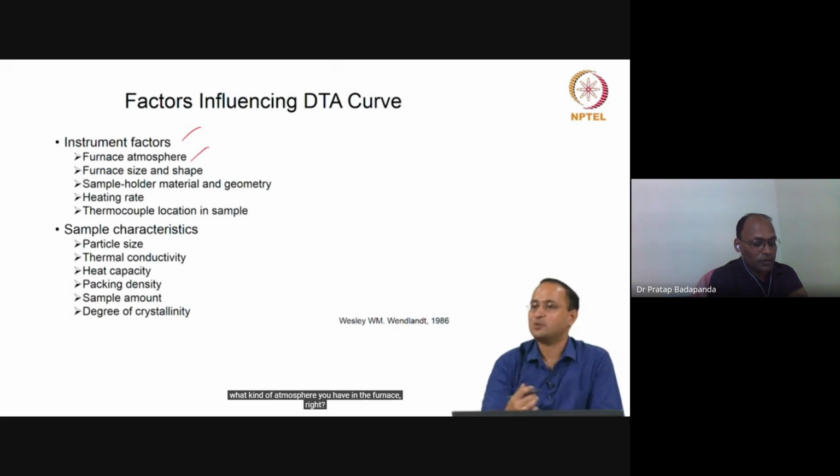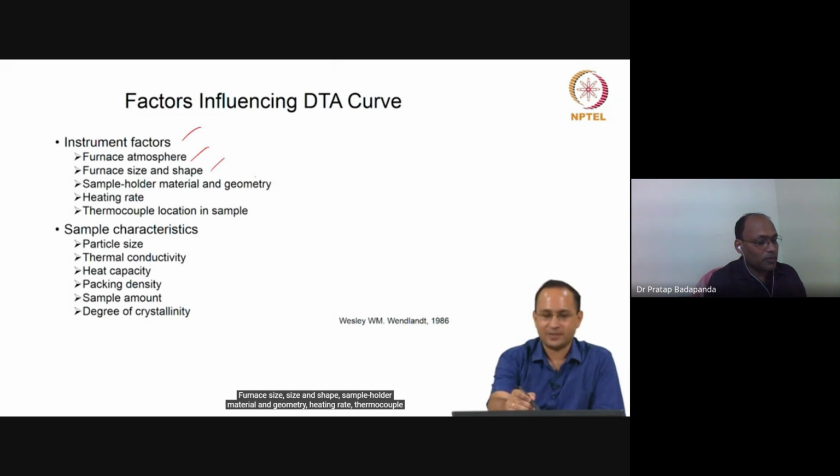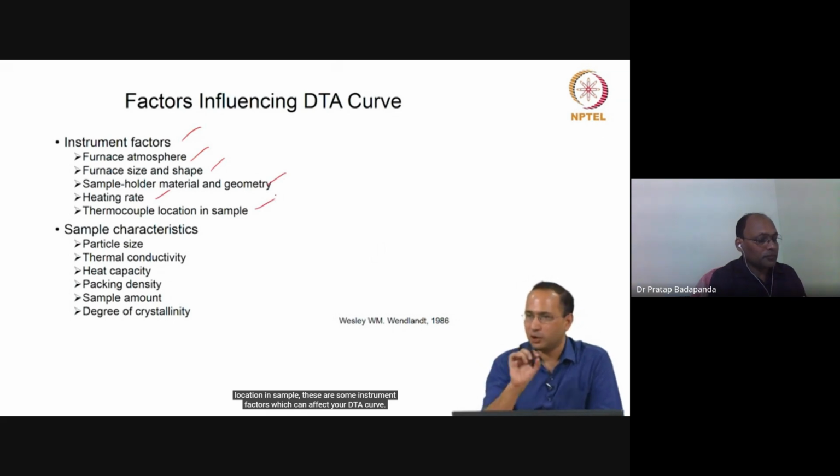What kind of atmosphere you have in the furnace. Suppose you have oxygen, then you may trigger oxidation. If you have carbon dioxide, you may have carbonation. So furnace atmosphere, furnace size and shape, sample holder material and geometry, heating rate, thermocouple location in sample. These are some instrument factors which can affect your DTA curve.